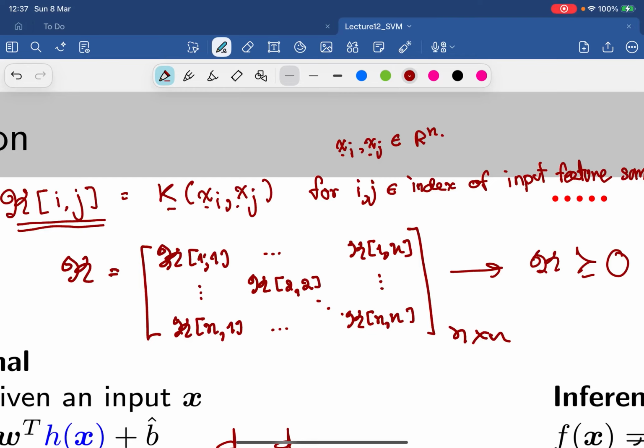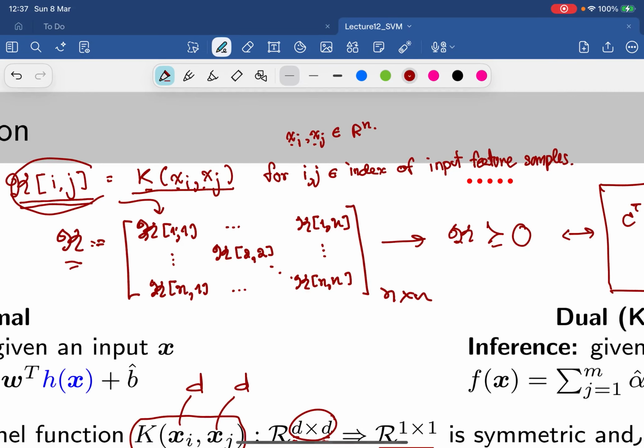The kernel returns a scalar value, and we keep it as a coefficient of a matrix. If we put all these coefficients together, let's define a matrix Kappa whose coefficients come from the kernel mapping between xi and xj in the same data set. Then this Kappa matrix has to be positive semi-definite.